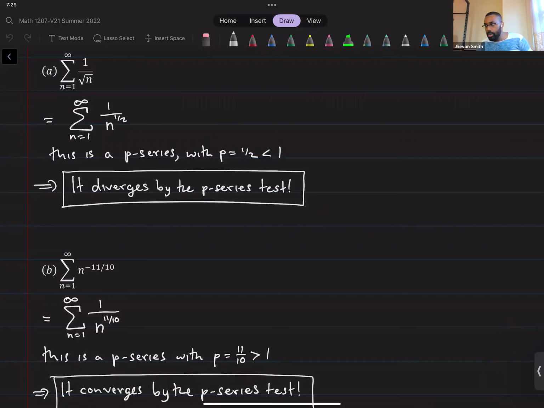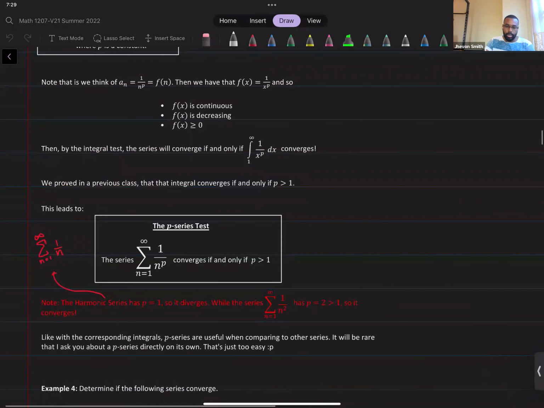So the P series, you'll be able to identify what it does very easily. And then based on what the P series is doing, you'll compare it to your original series and you can figure out the answer very easily. So that's sort of the idea. So that is the P series and how you know they converge or not. So I do expect you to know that test.